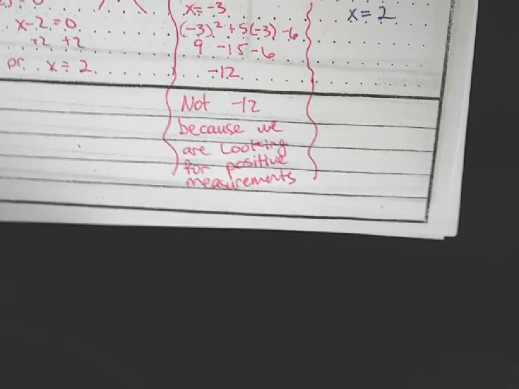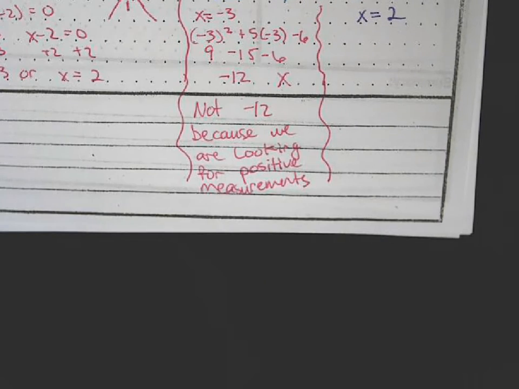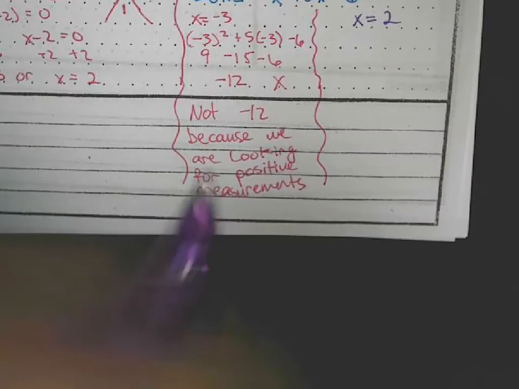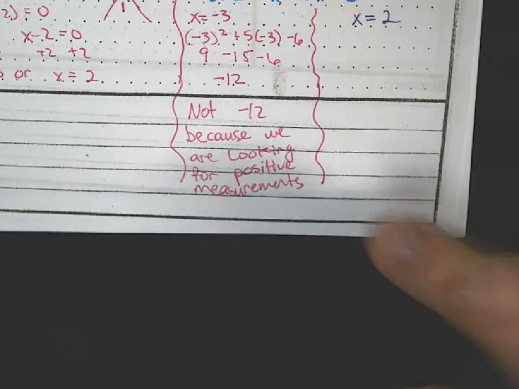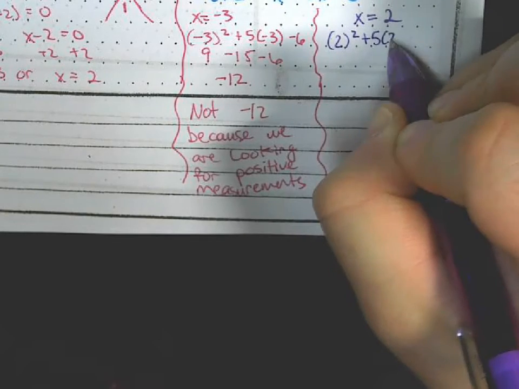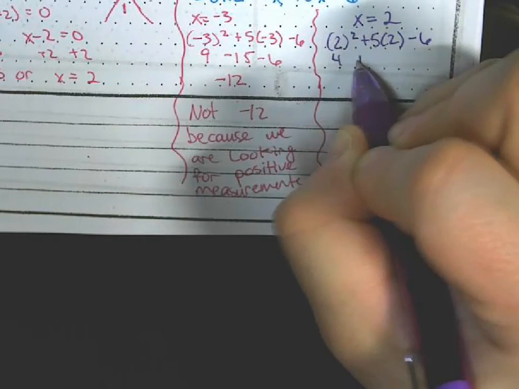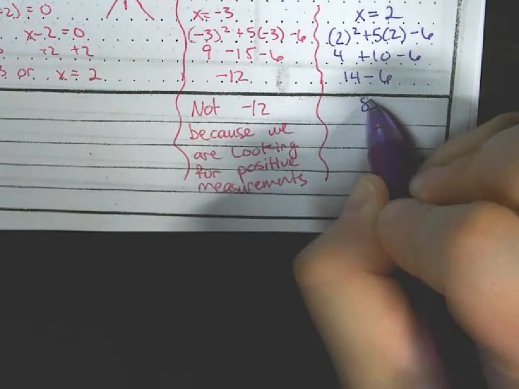Okay, let's plug in 2. So we do not want this. That might be confusing. So when we plug in 2, we get 2 squared plus 5 times 2 minus 6. 4 plus 10 minus 6 is 14 minus 6 is 8.